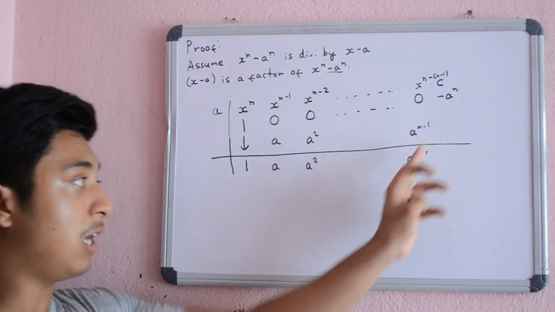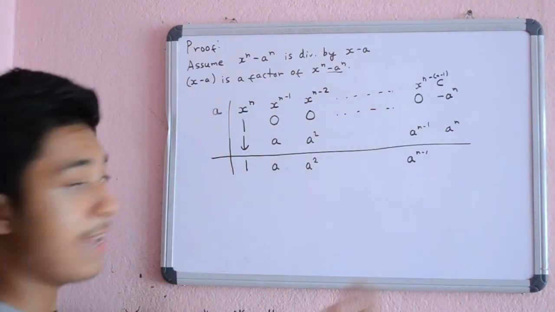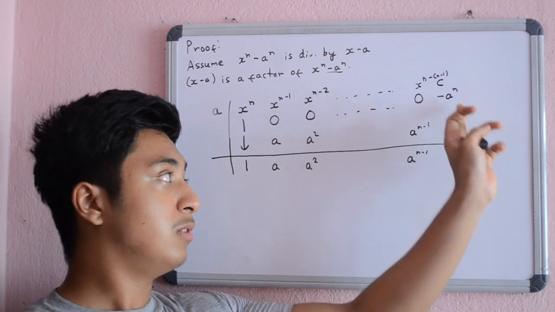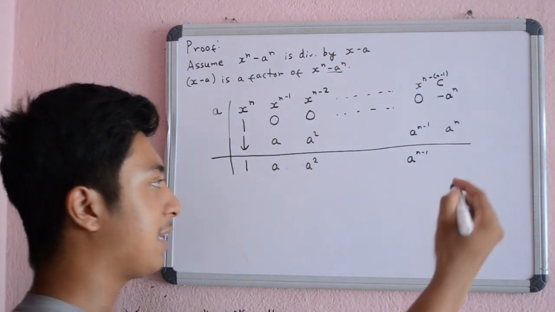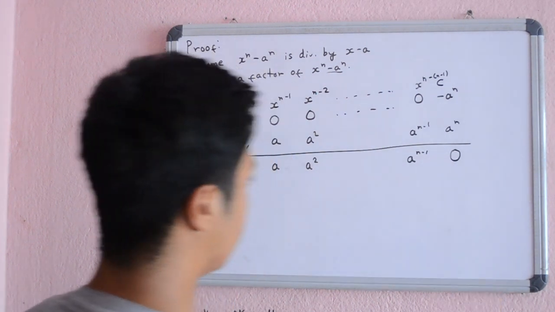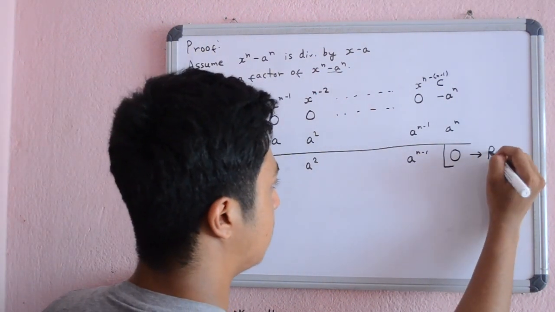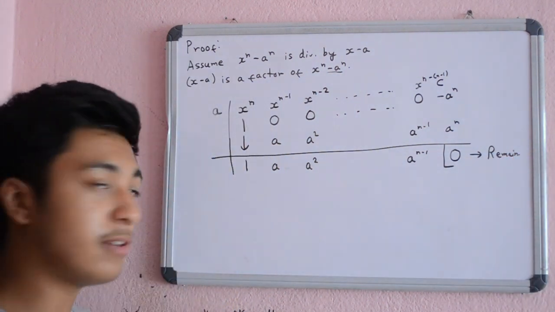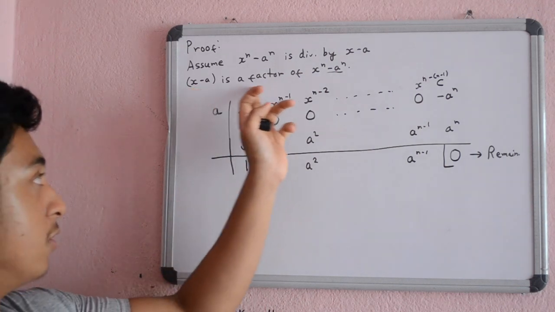And finally, for the last term, a will multiply with this to give a to the power n, and here, as you can see nicely, these two add up, which is a to the power n plus minus a to the power n, cancelling each other gives 0. And as I mentioned earlier, this last term is our remainder. And if the remainder is 0, that means that this is a factor, which is true.